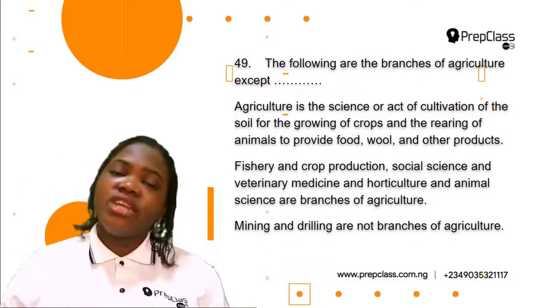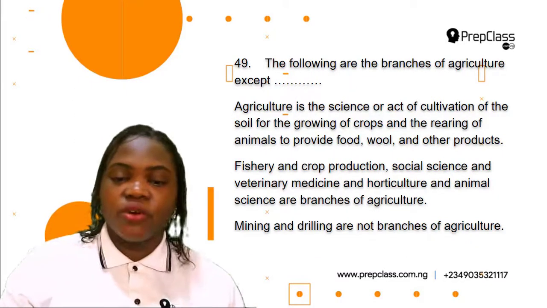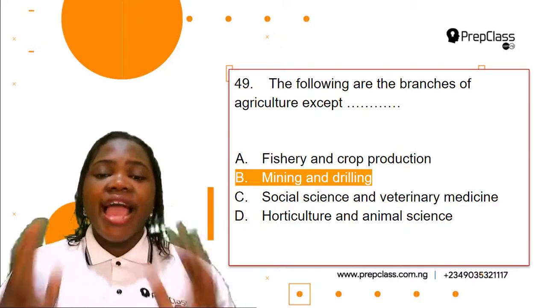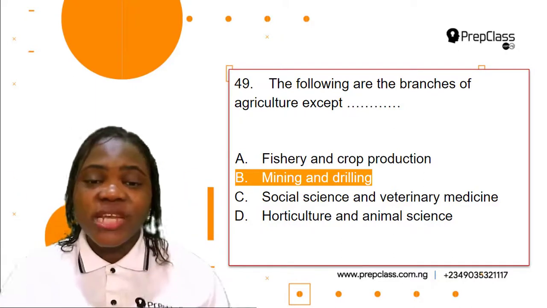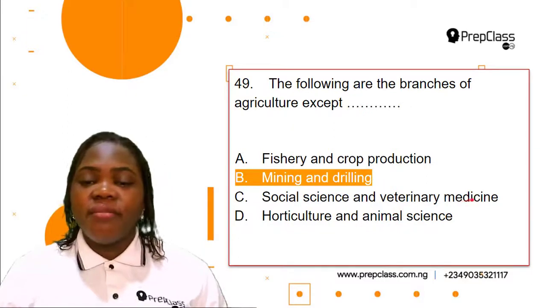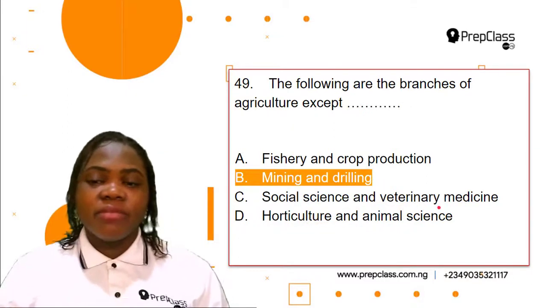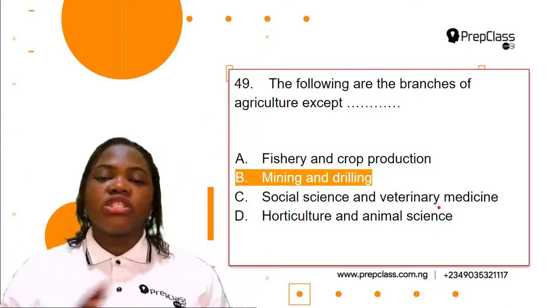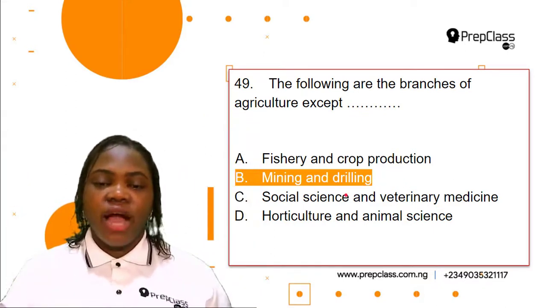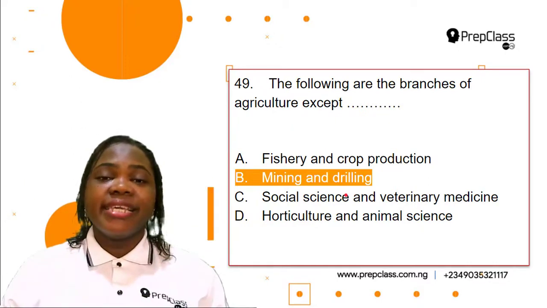So the following are the branches of agriculture except mining and drilling. So the correct option here is B.